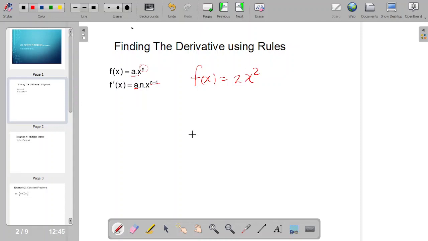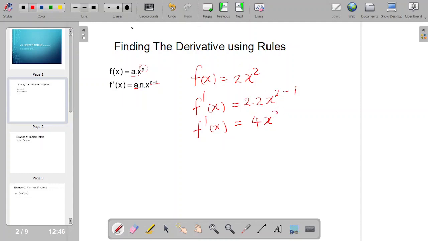In this situation, to get your f prime of x, you must multiply this 2 at the top with the 2 that is the coefficient of x squared. So you'll have 2 multiplied by 2, x to the power 2 minus 1.